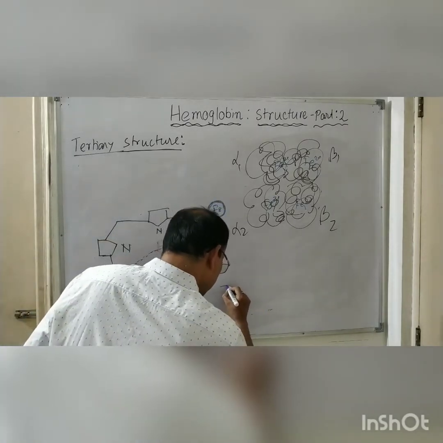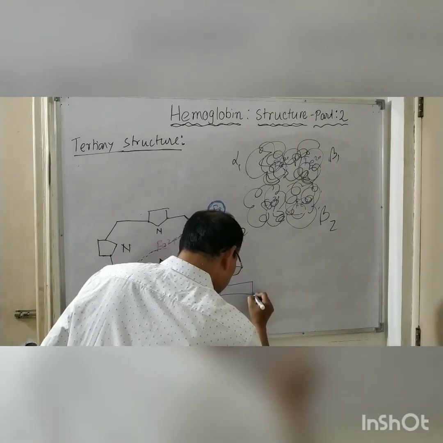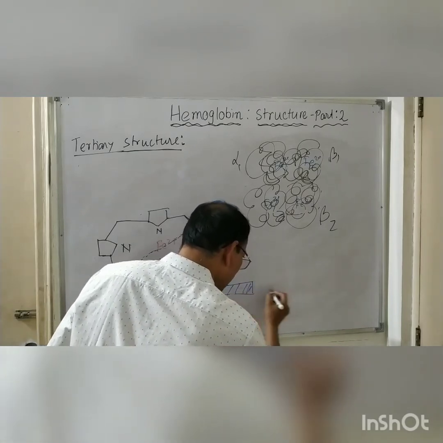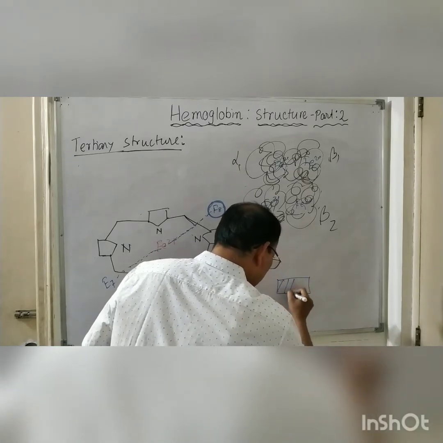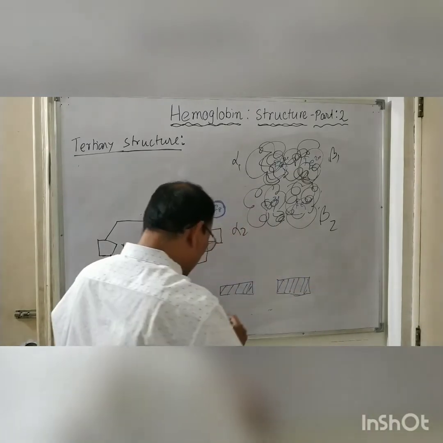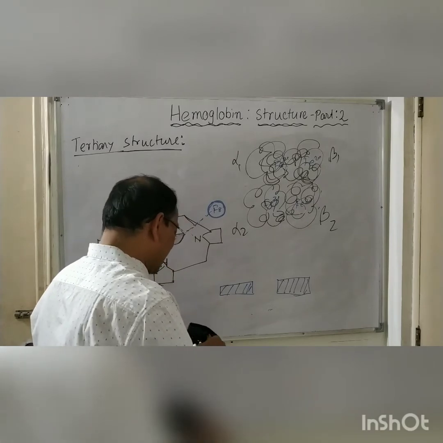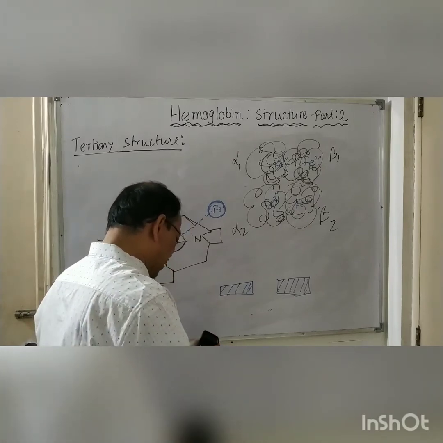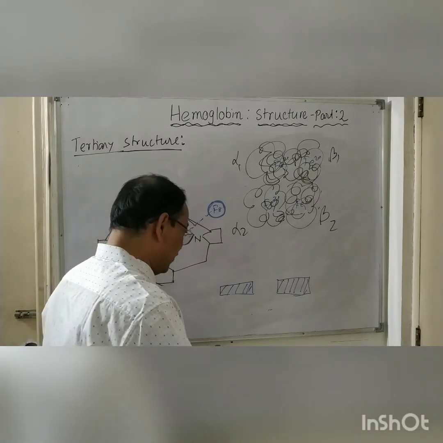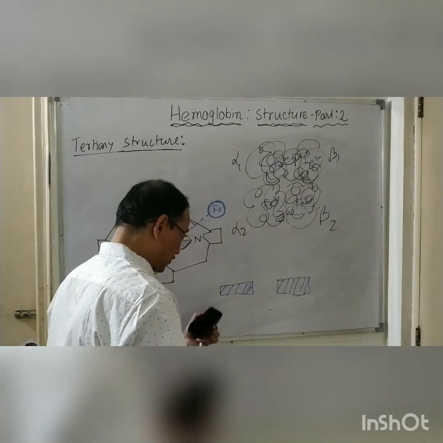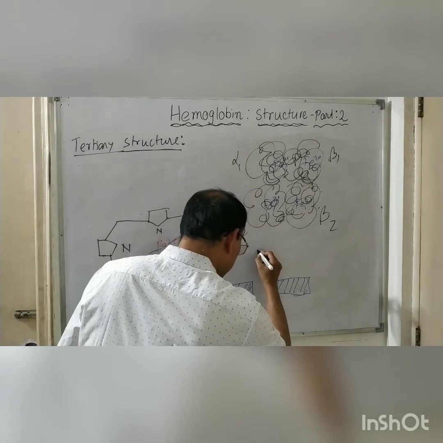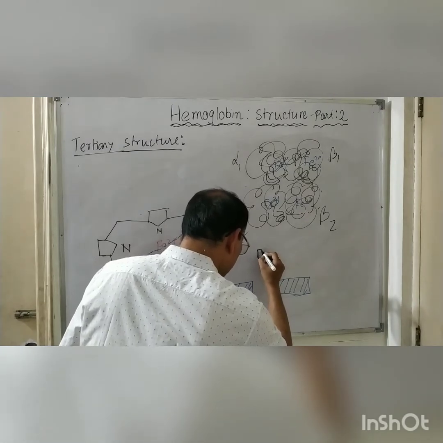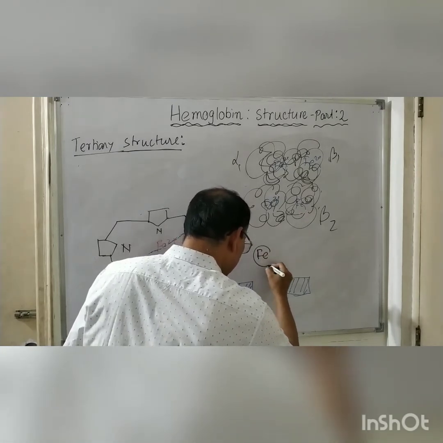Suppose this is the heme ring. This is one heme ring, this is another heme ring. At this heme ring, as I told, the ferrous ion is perpendicular but not in the same plane. So this is the ferrous ion.